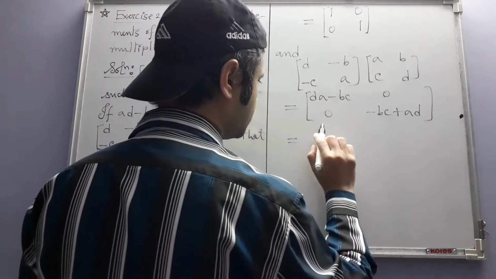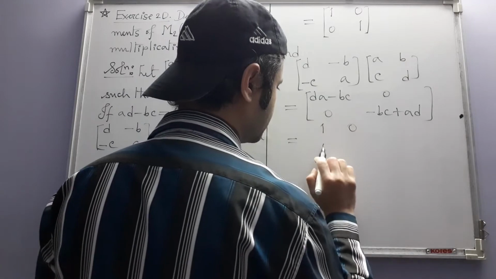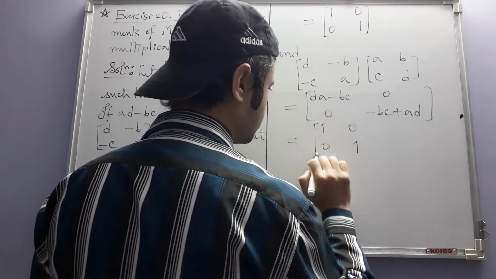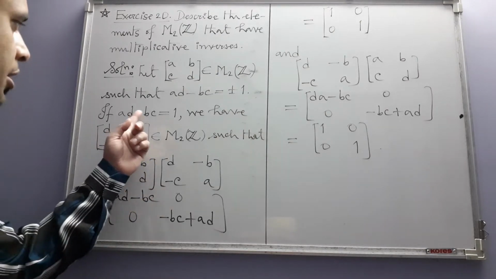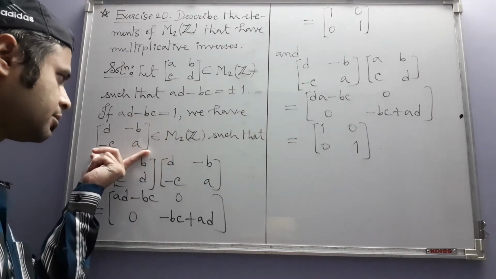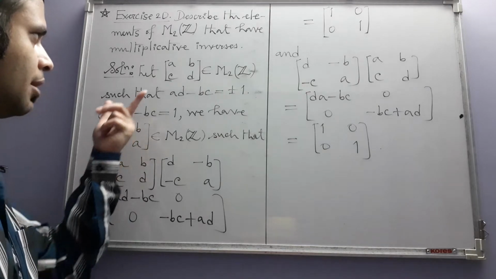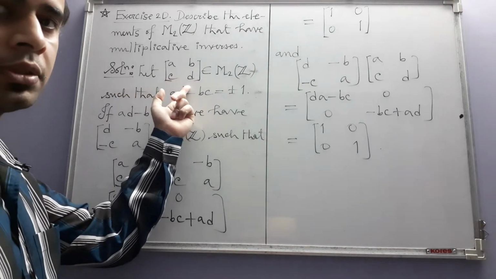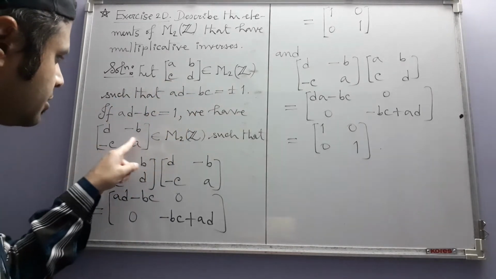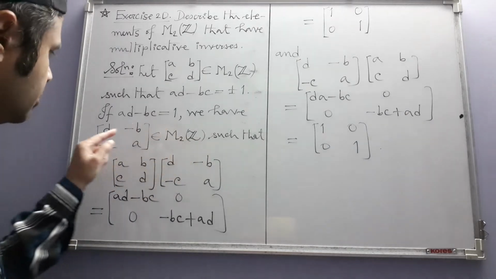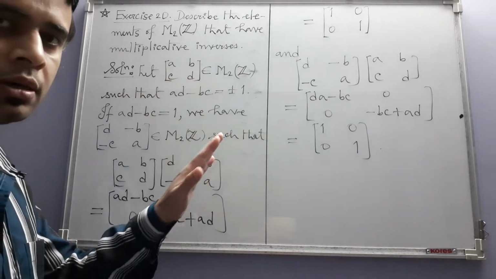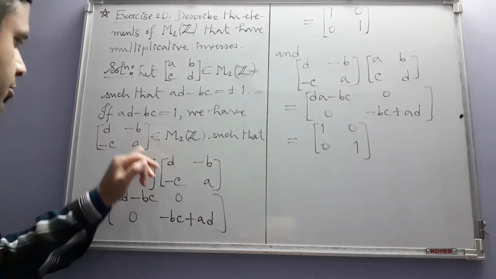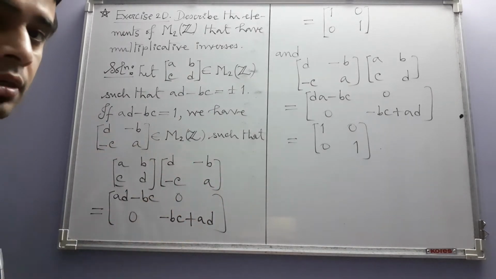Again, this is the 2 by 2 identity matrix. So that means when the determinant is 1, this matrix plays the role of the multiplicative inverse of this. And note that this matrix again belongs to M2(Z) because originally A, B, C and D were integers. So these are also integers. So the matrix has integer entries.